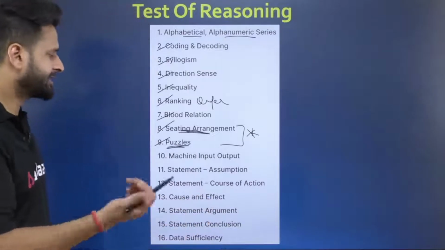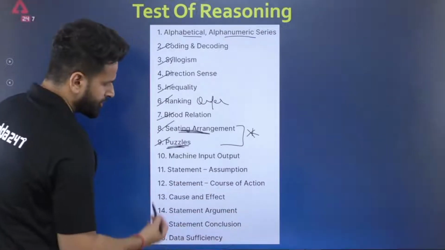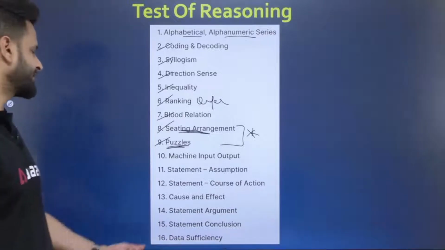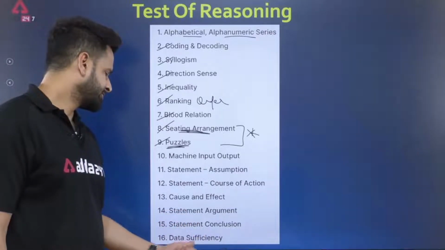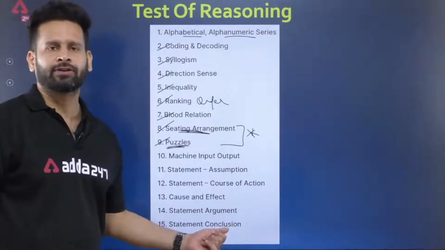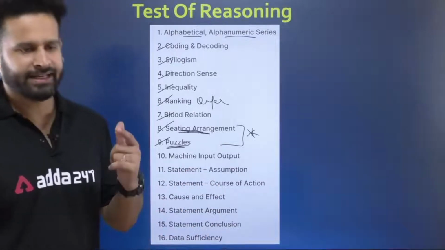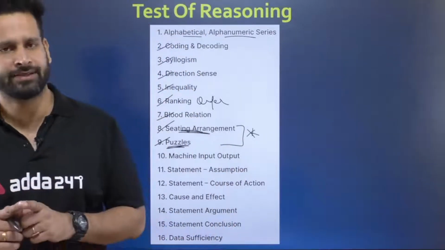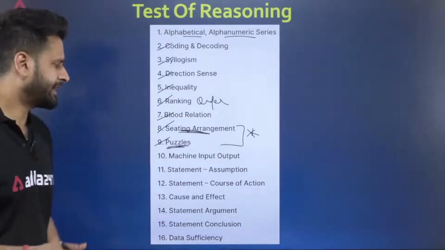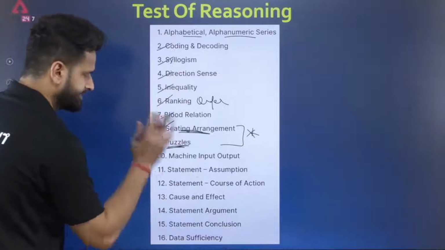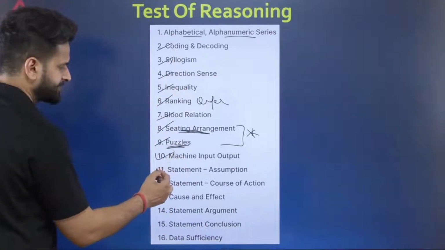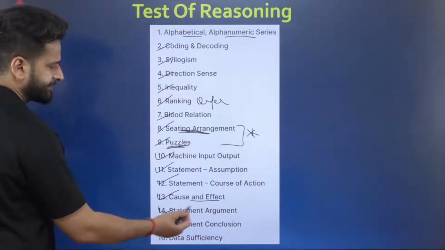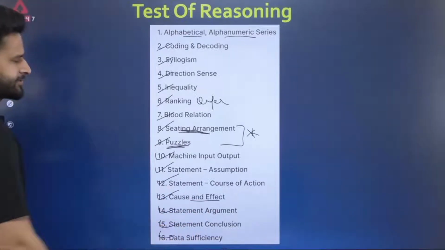For example, generally in banking exams, these topics, machine input output, statement assumption, course of action, cause effect, statement argument, conclusion, data sufficiency, are for your mains exam. But in NABARD Grade A, as we have this reasoning subject only in phase 1 prelims, the examiner will consider all these topics: machine input output, statement assumption, course of action, cause and effect, statement argument, statement conclusion, data sufficiency.